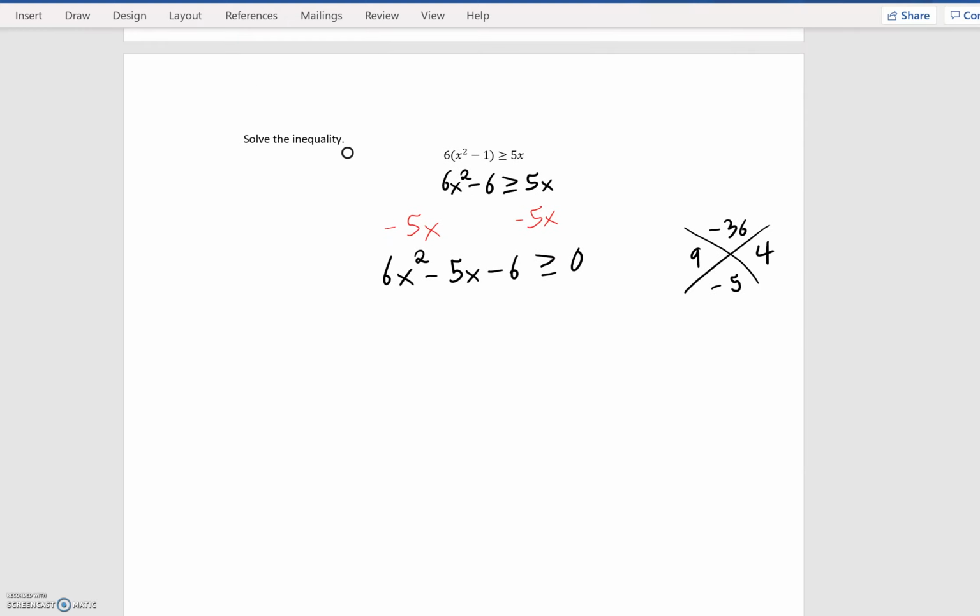These two numbers will be negative 9 and positive 4. I am going to rewrite the middle term of that quadratic function in terms of negative 9 and 4. So I have 6x squared minus 9x plus 4x minus 6 greater than or equal to 0.